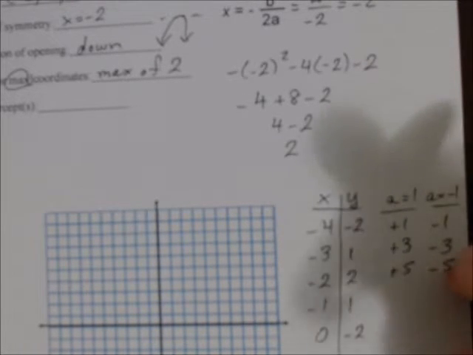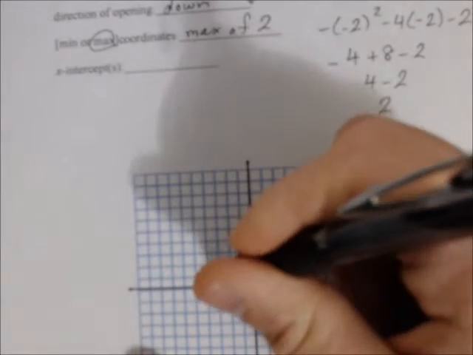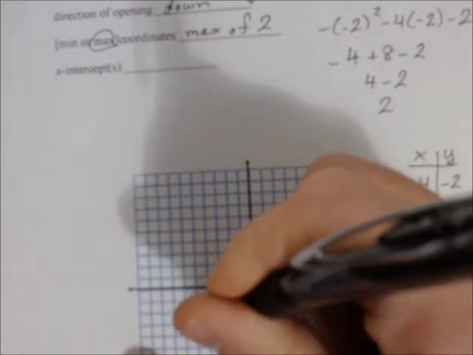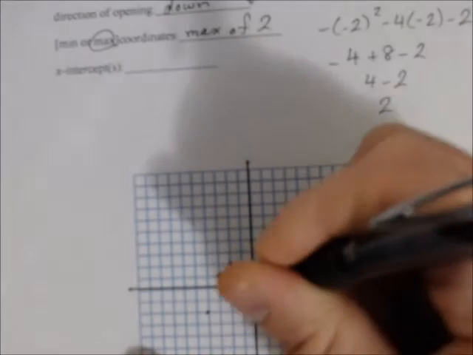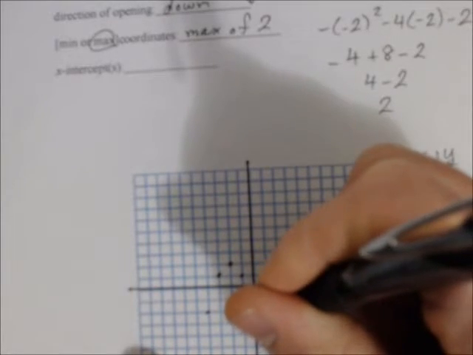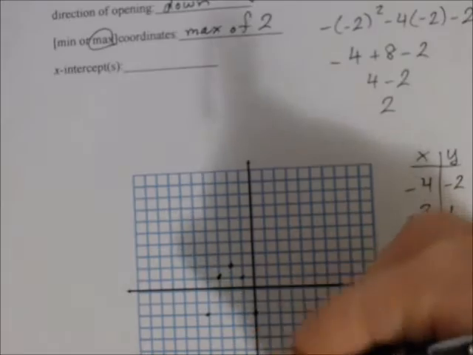So let's graph these points. So -2, comma 2, -3, comma 1, negative 4, negative 2, negative 1, 1, and 0, negative 2. Like I was saying before with that pattern, we could figure out what this next value is going to be.